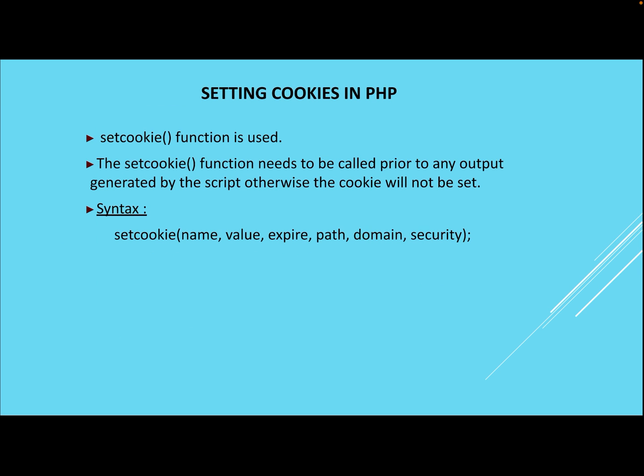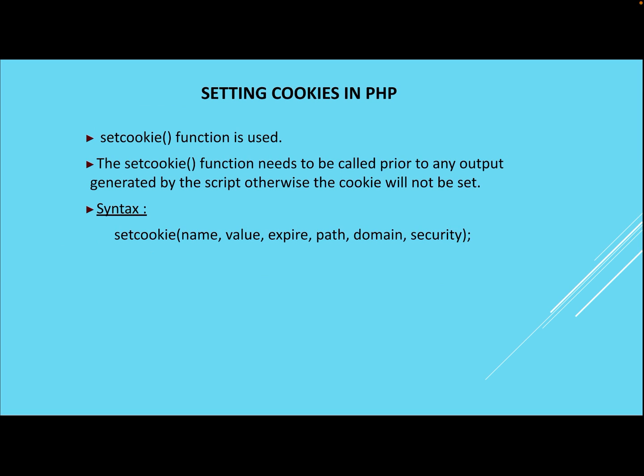So we are going to see how a cookie is used in a PHP script, and what other functions are used especially for managing cookies in PHP. The first and foremost function used along with cookies in PHP is setcookie.